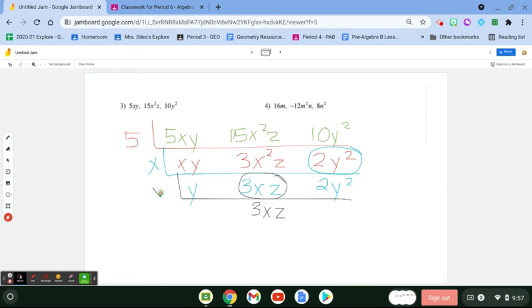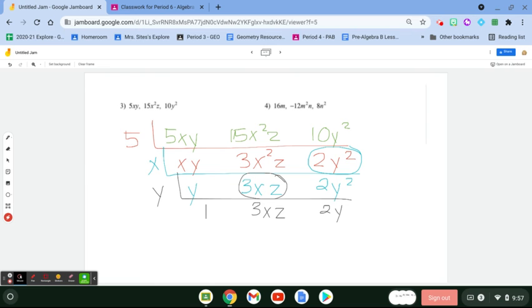Okay, I have a y that I can divide out. So y divided by y is 1. 2y squared divided by y is 2y. And again, looking to see if there's any more y's in common to all. There's not. So I'm moving on to my z's. I don't see a z in common to anything, so I am done.